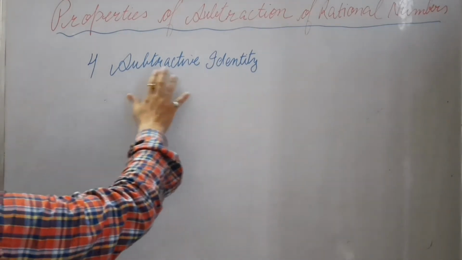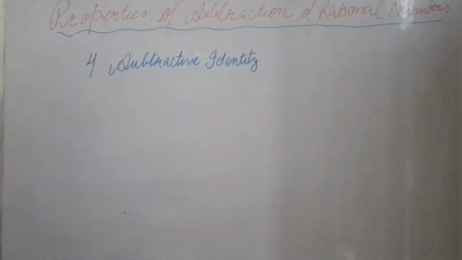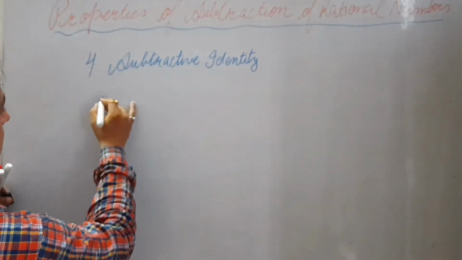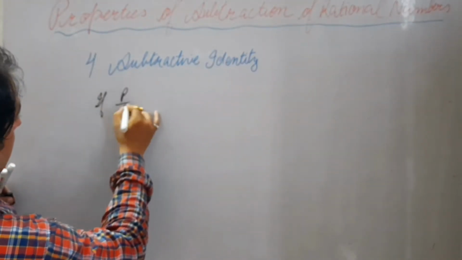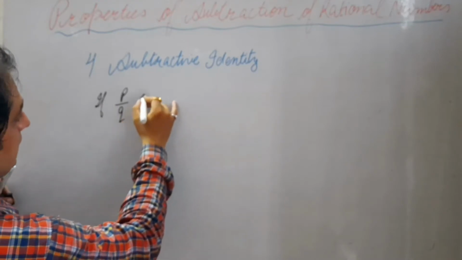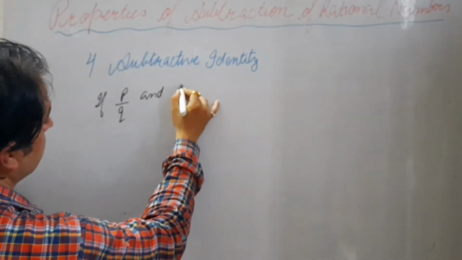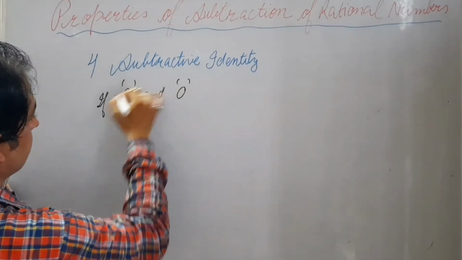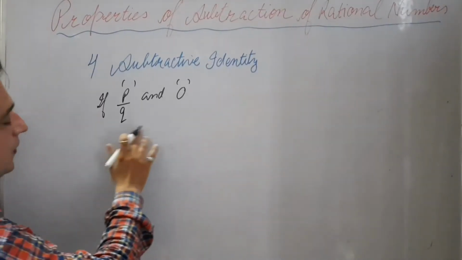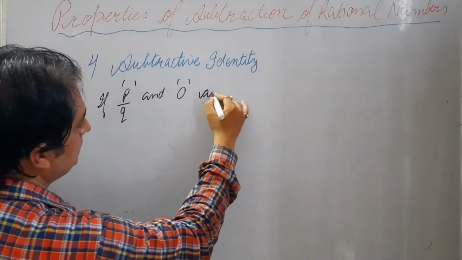So in this identity, we will see whether the difference of any rational number and 0 is the rational number itself or not. See, if I take a rational number p by q and 0, ये मेरे पास rational numbers हैं. p by q and 0 are two rational numbers.